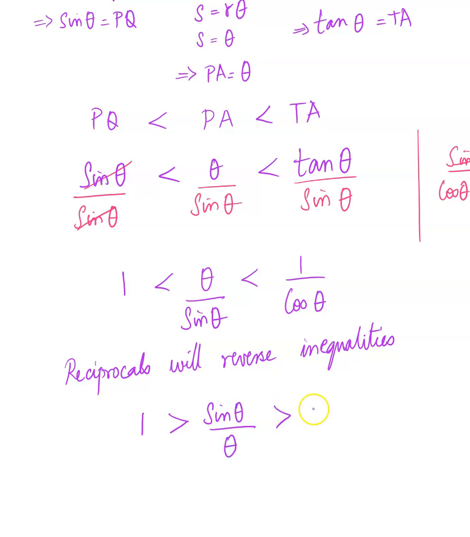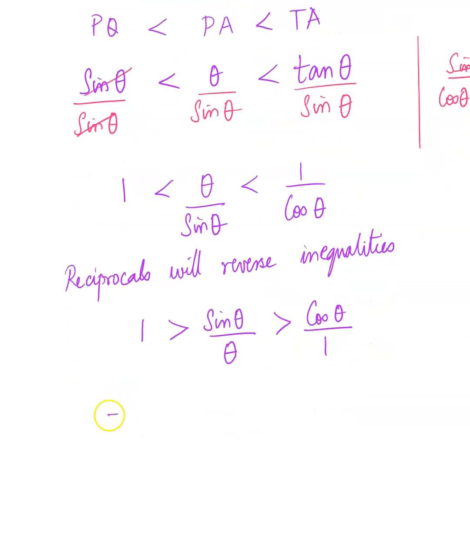Reverse the inequality and flip it, so that will be cosine theta over 1, which is basically cosine theta. So if we rearrange this, it will be cosine theta less than sine theta over theta less than 1, right? Because you want the inequality to be written in a way you can read it. So sine theta over theta is between cosine theta and 1.